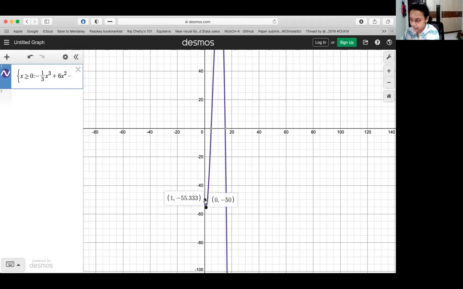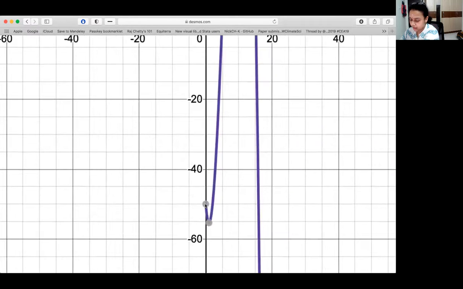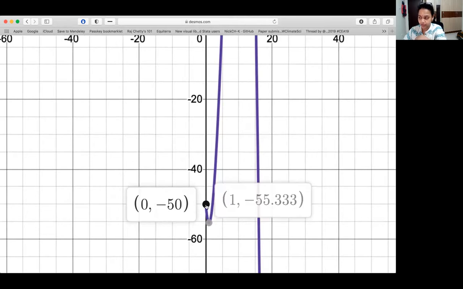Now look at what's happening at the point 0, 50. You can see that that's actually a local maximum point, right? Because the function definitely dips after that and then climbs back again. So there is a border local maximum there. And you can also see that the function is negatively sloped at that point.